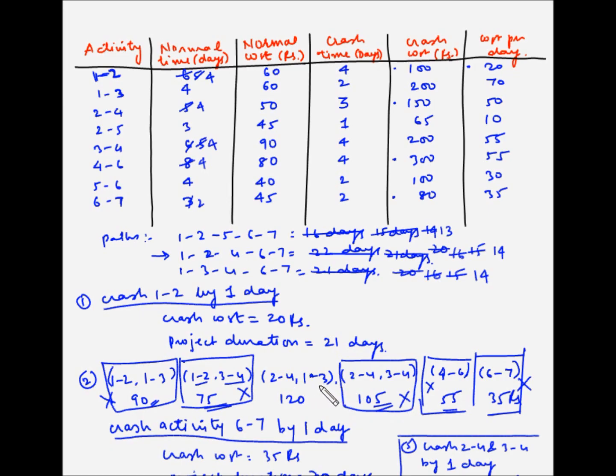Now the next activities remaining are 2-4 and 1-3. So 2-4 can be crashed by 1 day, and 1-3 can be crashed by 2 days. So now let's crash activities 2-4 and 1-3 by 1 day, because 2-4 can only be crashed by 1 day.